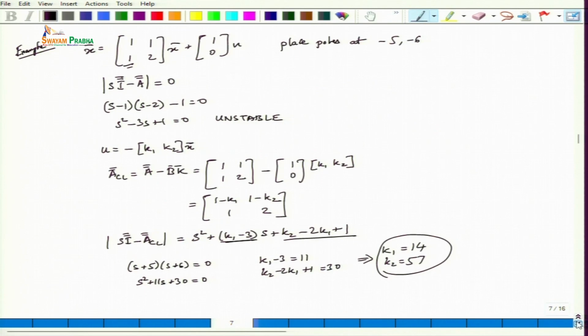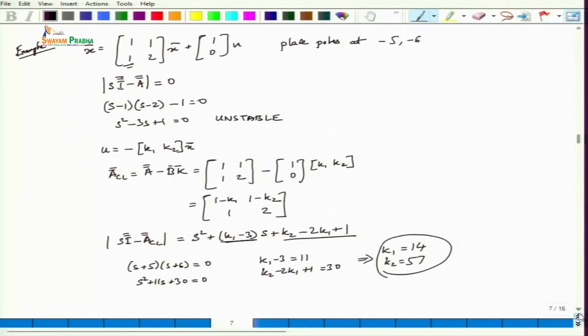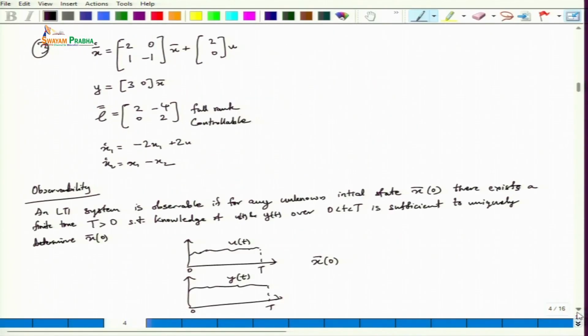Another hindrance to applying the state feedback controller can be that you might not be able to measure all the states. In such a scenario, we need to be able to estimate or observe the states which we cannot measure, and that can happen provided those states are observable.